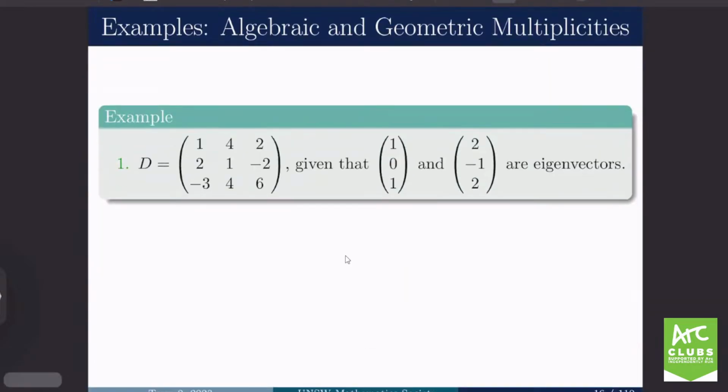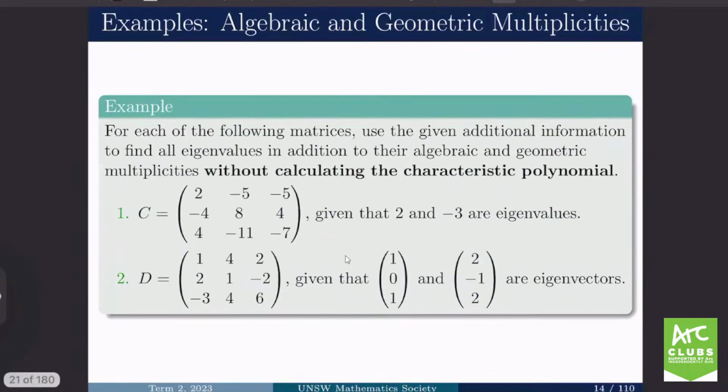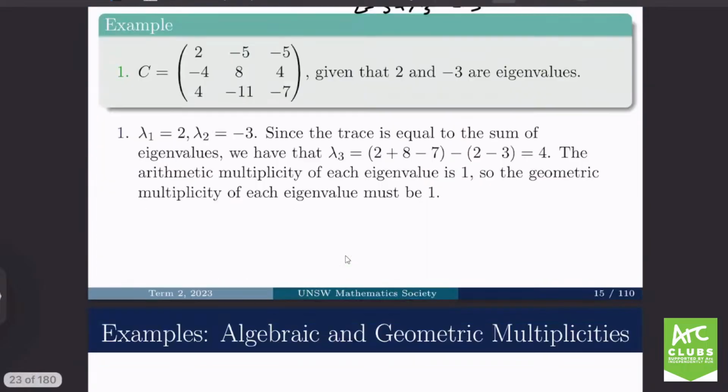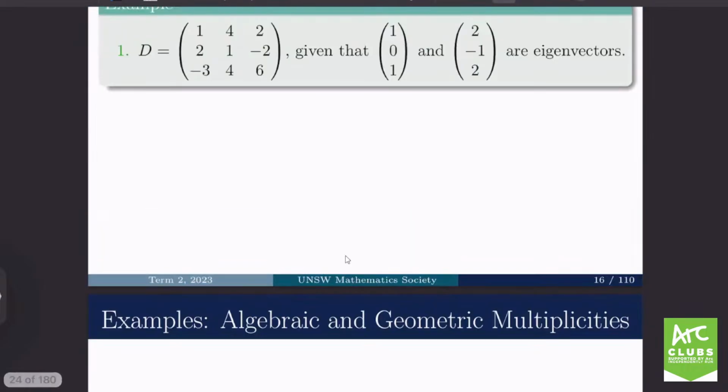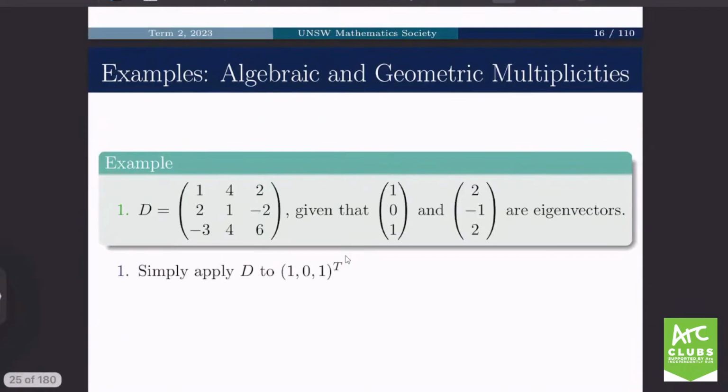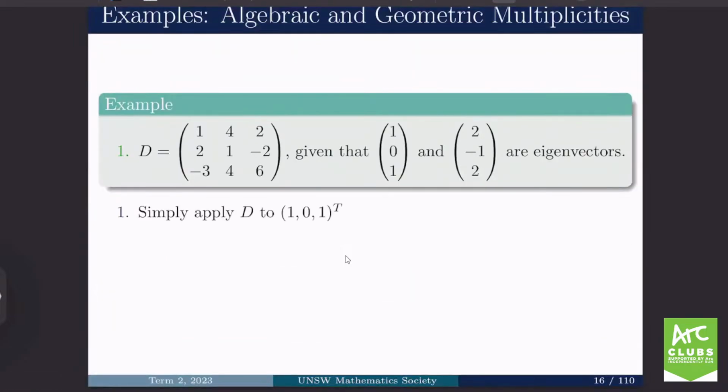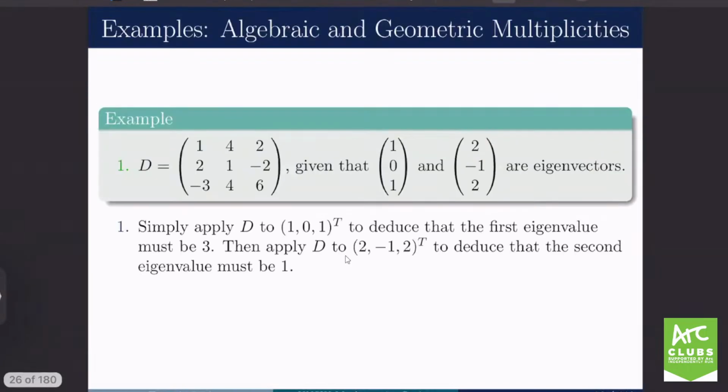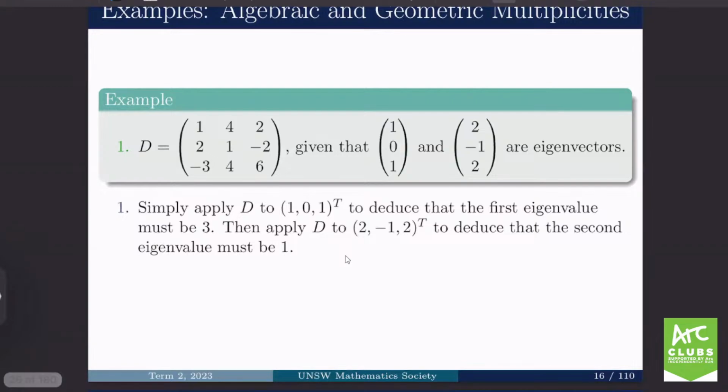Okay. Alright, so our second example was D, given that these two vectors are eigenvectors. Now, if we're given eigenvectors and we want to find the eigenvalue, it's not too difficult, right? Because we can just multiply the vectors and the matrices together and see what our eigenvalue is, right? So if we actually do it, we see that if we multiply the matrix and (1, 0, 1), we'll get (3, 0, 3).